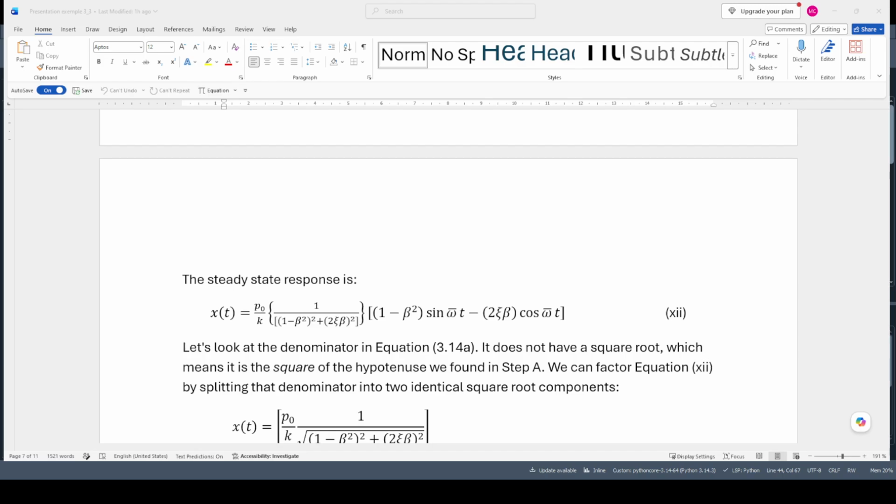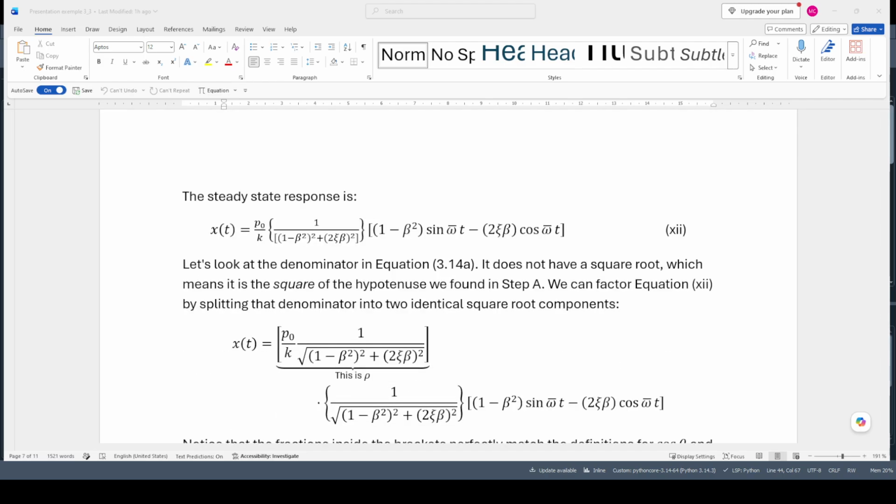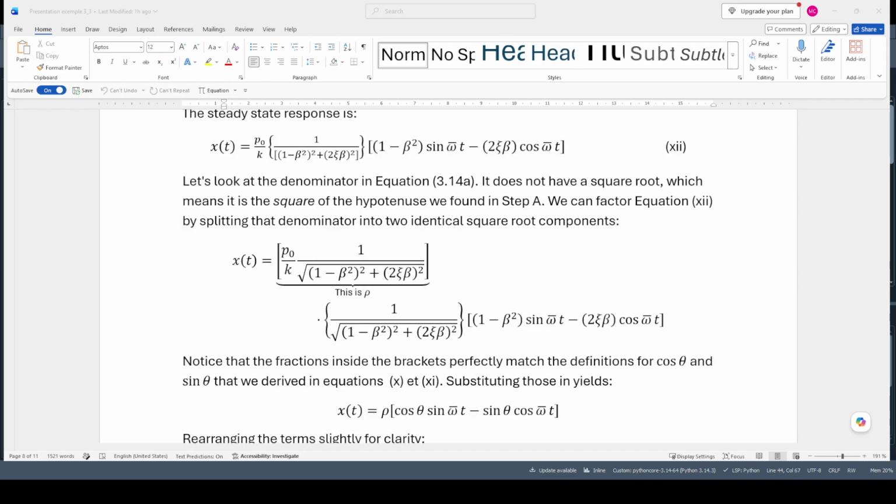The steady state response, we can remember, is equal to equation 12, and we can look that the denominator in this equation is not a square root, but means the root of the hypotenuse we found in the precedent step.